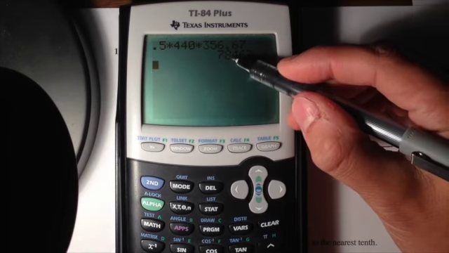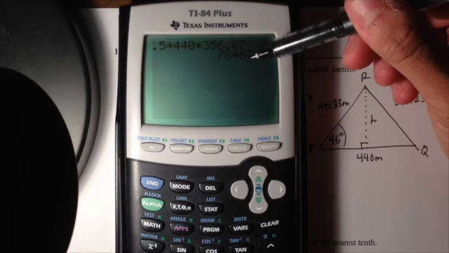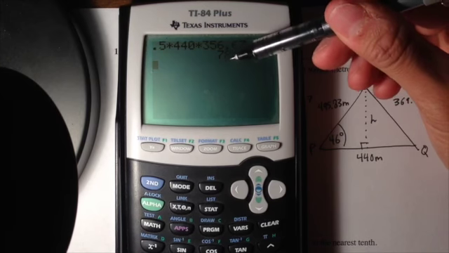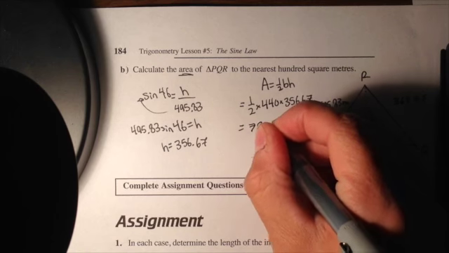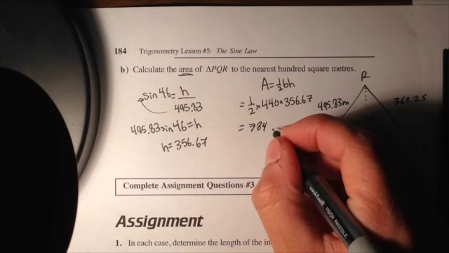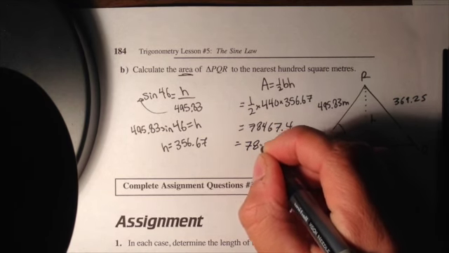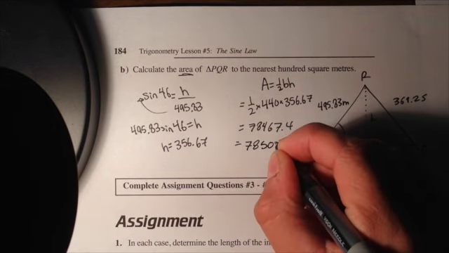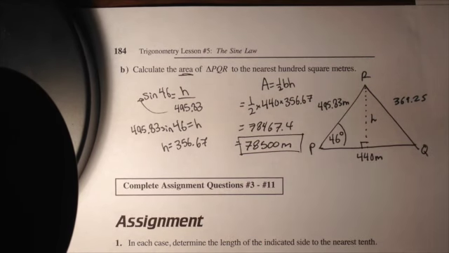We want it to the nearest 100 square meters, so I'm going to round up here. 78,467.4, we're just going to round that to 78,500 square meters. And there goes my printer again, but that's okay because that is it.